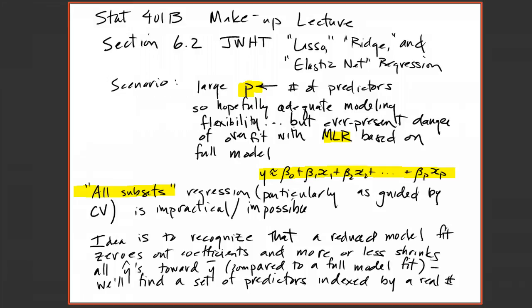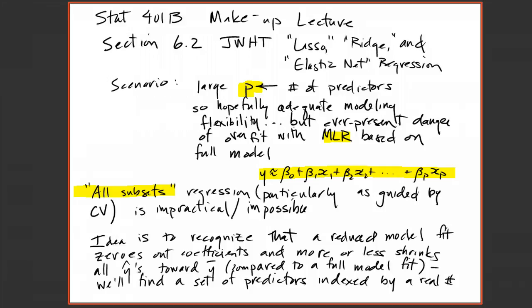It's true in regression analysis that reduced models tend to have y hats that are more like the average y than are y hats for a full regression model fit by multiple linear regression.